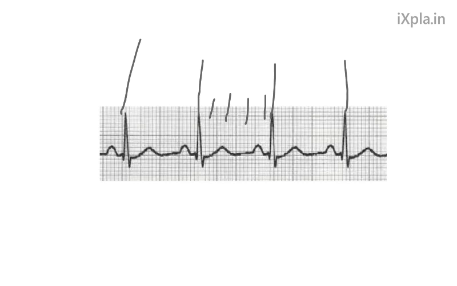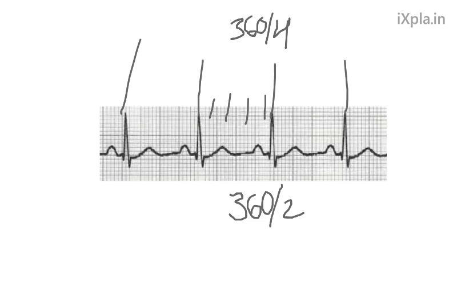Then you take 360 and divide by however many boxes you have. So 360 divided by 4, I do physiology, not math, so I really don't know what that is. But whatever that is, that's the heart rate. And if they're closer, say you have 2 boxes, 360 divided by 2, it's even faster. I actually don't think it's 360 now because that doesn't make sense. No, sorry, it's 300.